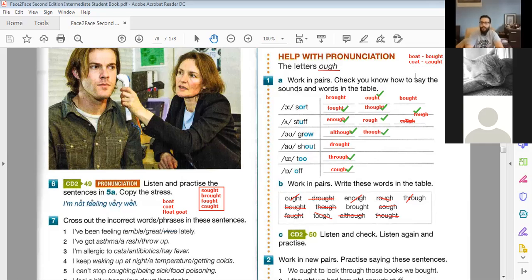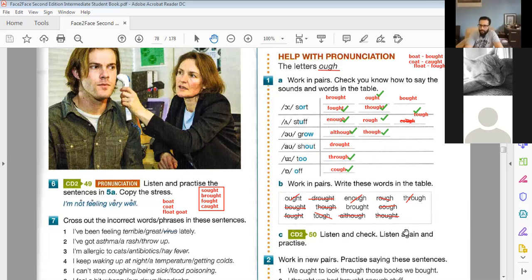Yeah. So boat, bought, coat, caught, float, fought. Right? Yeah. Fought, float, fought, or, oh, or. So small difference. All right, very nice. So we can move on.